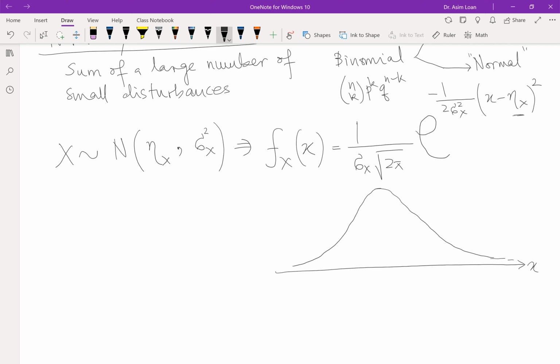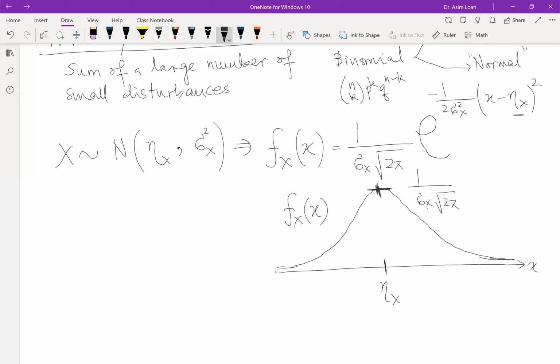So x goes from minus infinity up to plus infinity. This point here is eta x, because when x is equal to eta x, this is e raised to 0, which is 1. And obviously this height is 1 over sigma x root 2 pi. Okay. So this is fx of x.